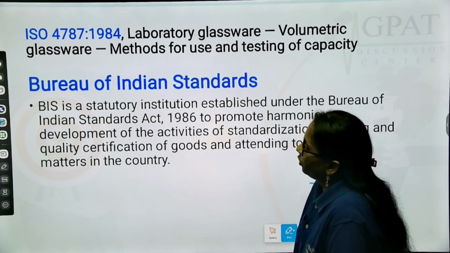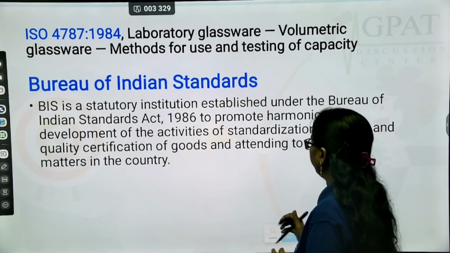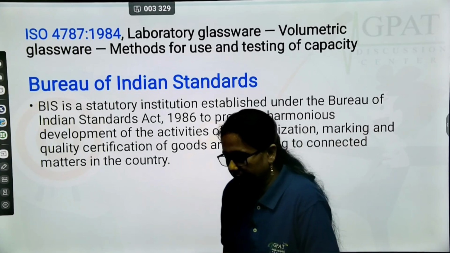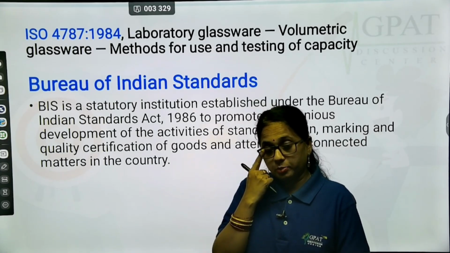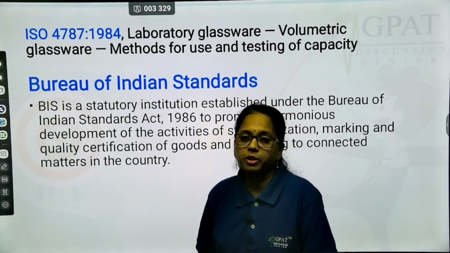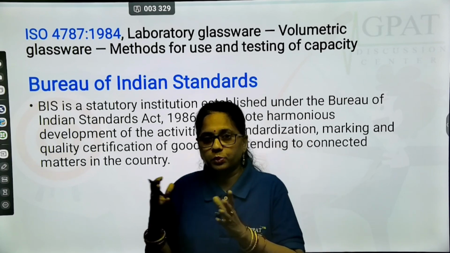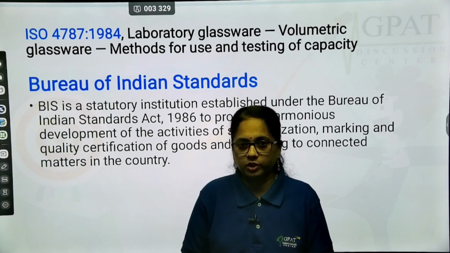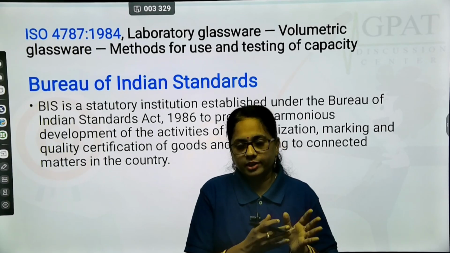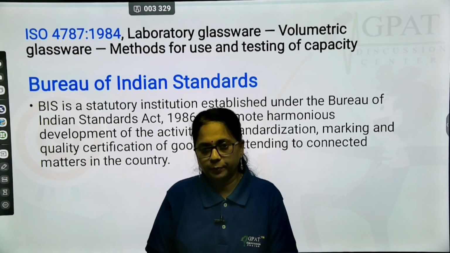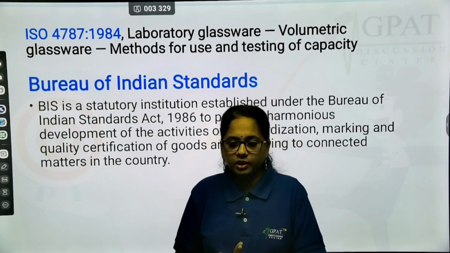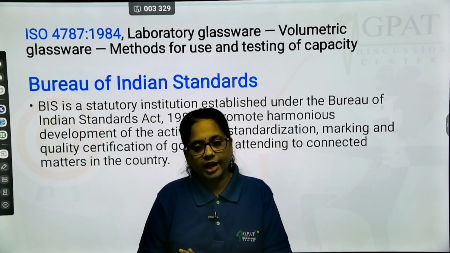And if you follow all these standardization limits, you can make sure that whatever procedures you follow, or whatever procedures are already established in your laboratory, are meeting the requirements of internationally accepted limits.